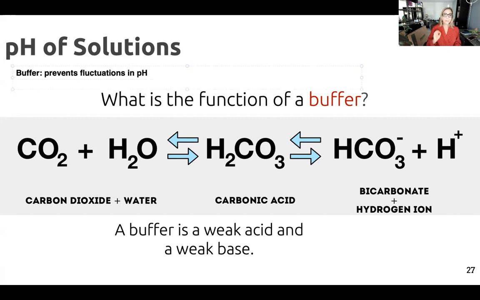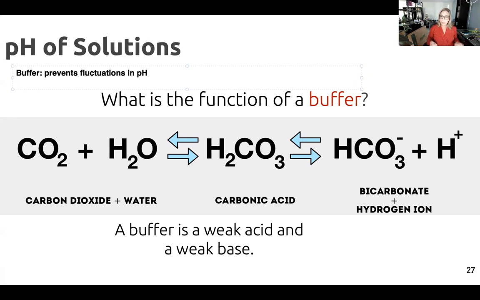So here's how this works. You naturally have carbon dioxide in your blood, and when that combines with water, you get what's called carbonic acid. Now, carbonic acid can release hydrogen ions if your blood is too basic, and that leaves you bicarbonate ion.